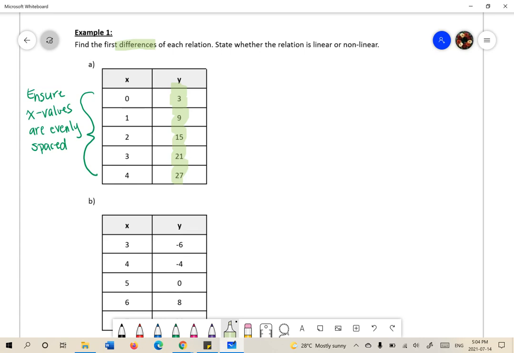We're going to start at the bottom. Our very bottom value for y is 27, and we're going to subtract it from the y value just above it. And then we're going to do the same. We're going to start at 21 and subtract it from the y value right above it.